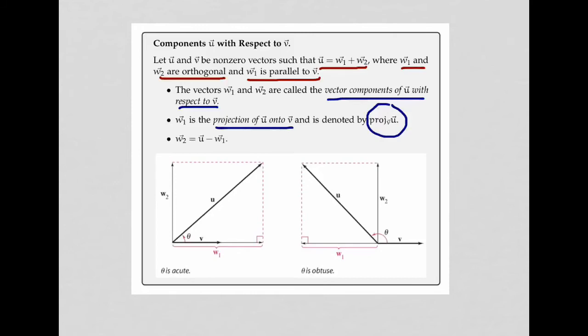And the vector w2 can be found by doing u minus w1. This follows easily from the first condition. This decomposition of a vector u into two components with respect to the vector v is useful for solving a wide range of problems. Here's an example.